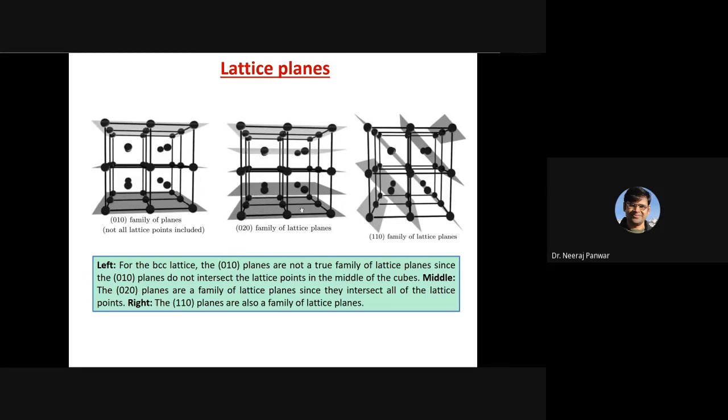So these planes are more important in the case of the BCC structure. Similarly, if we consider the 1, 1, 0 family of planes, you can see that it can cover all the lattice points or all the atoms present in the crystal. So in the case of the BCC structure, the middle one and the last one are important because they cover all the atoms present in the crystal at the lattice points.